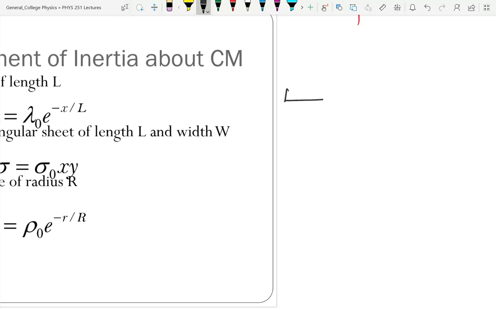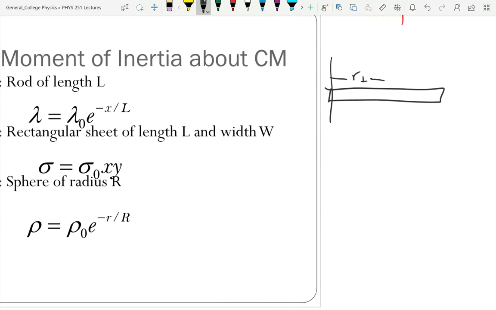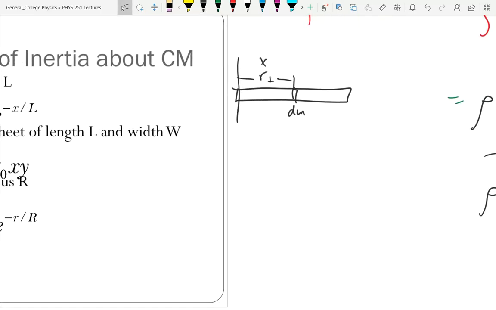So if I'm rotating about the end of the rod, r perpendicular is going to be the perpendicular distance from the end of the rod to where I have the little piece of mass dm. And so my r perpendicular is just going to be equal to x. So life is easy.